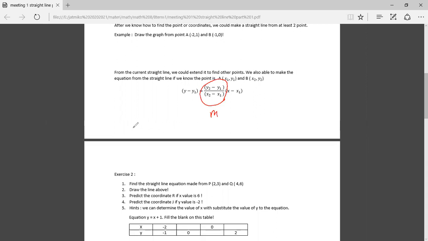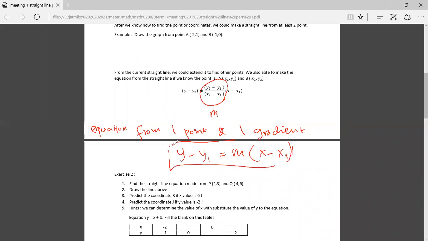In the future, if you want to find the equation from one point and one gradient, you can use y minus y1 equal to m times x minus x1. You can use this one.